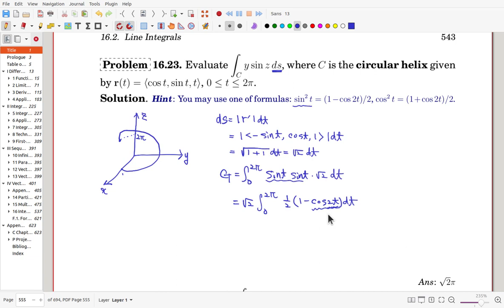The positive area and negative area are the same, and they negate each other, so this one will make no contribution. In fact, the integration of that one must be 0. So we may ignore this portion. Then we only have the constant half times 2 pi, which must be pi, so the final answer must be square root of 2 times pi. Okay.